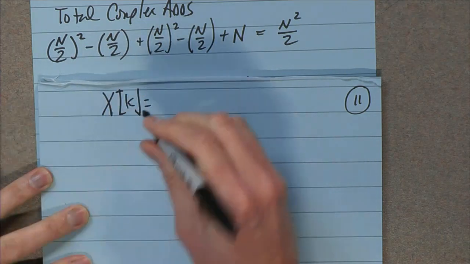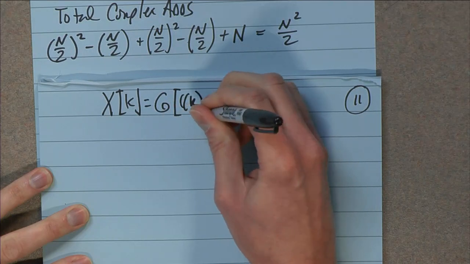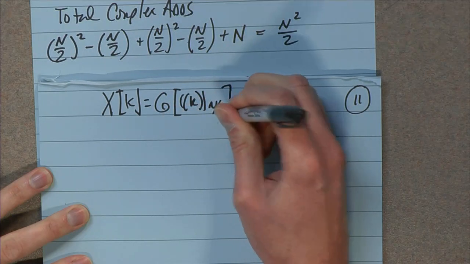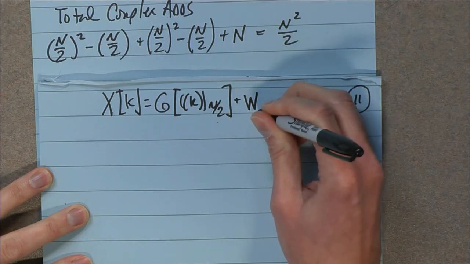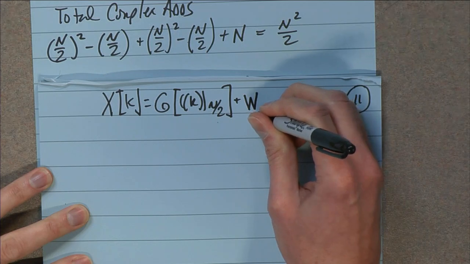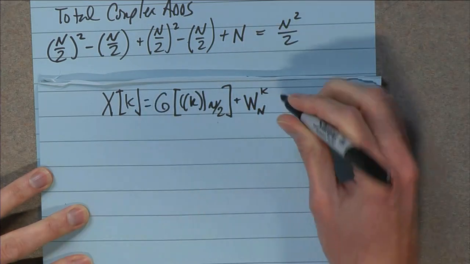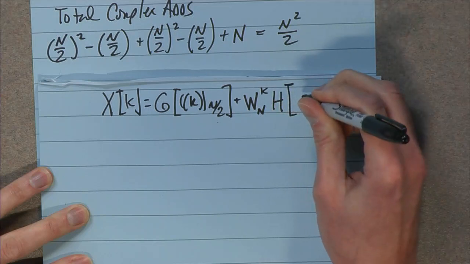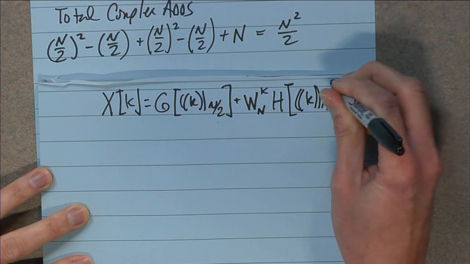So let's start off with our two sequences, and let's try to make things compact here. This is going to be what? N, K, and we end up with K, and this is n over 2.